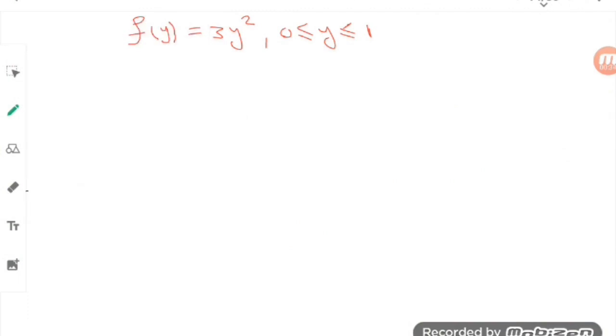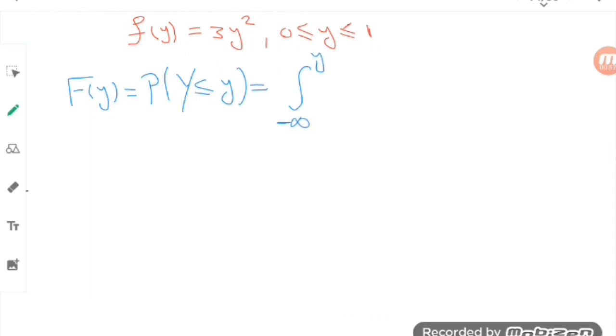To find the cumulative distribution function according to the definition, this will be capital F of y equal to the probability that y is less than or equal to small y. This would be the integral from negative infinity to a certain value y of the PDF, and we'll write it in terms of t. This is the theoretical definition.